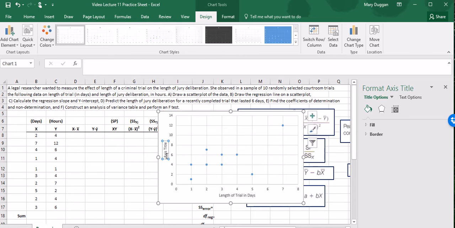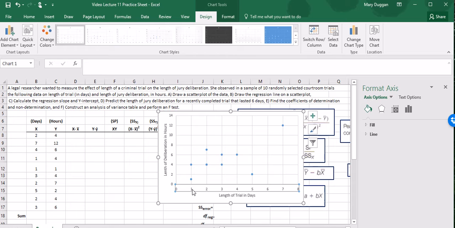All right. And our y-axis is length of deliberation in hours. All right. What I'm also going to do now is I'm going to make these data markers match our data.